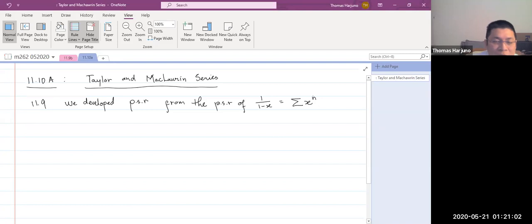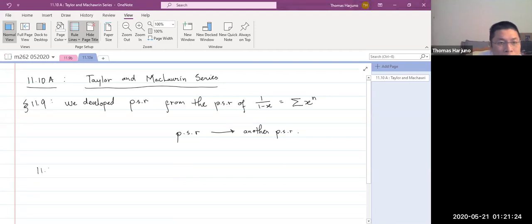So we start with a power series, and from there we go on. We already have a power series representation and develop another power series representation. That's what we did in 11.9.